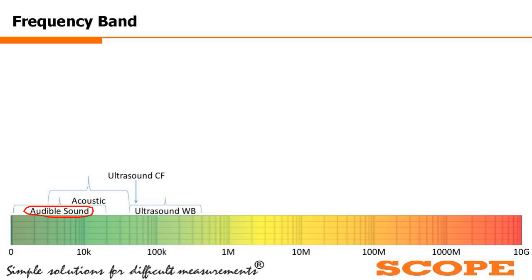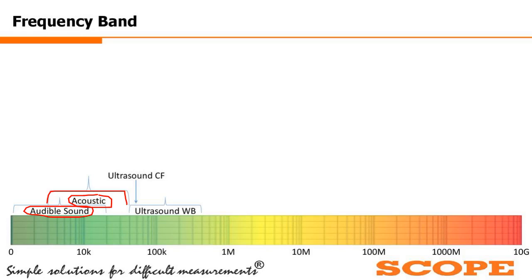That is called the audible zone. Now comes the acoustic sound, which varies from even up to 20 kilohertz. So audible sound is this zone, and then acoustic is this zone. We can go up to 30 or 40 kilohertz.